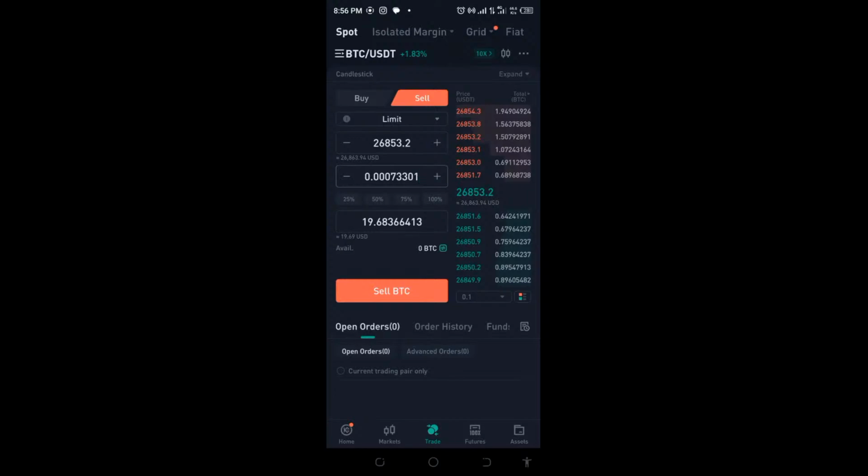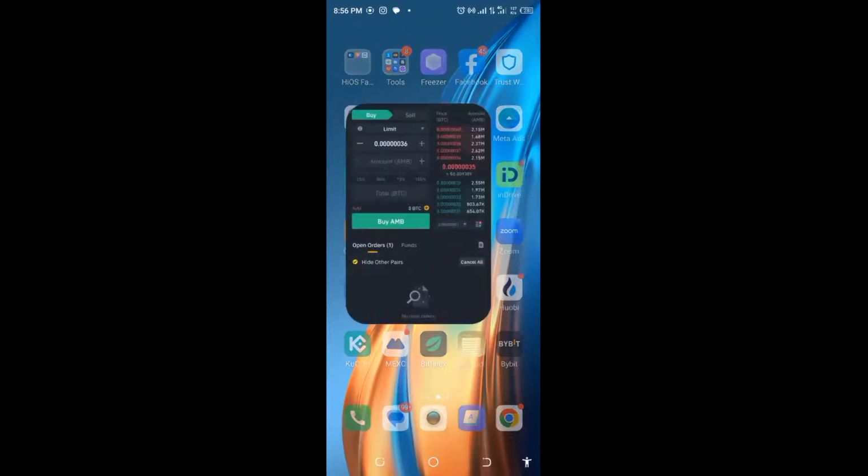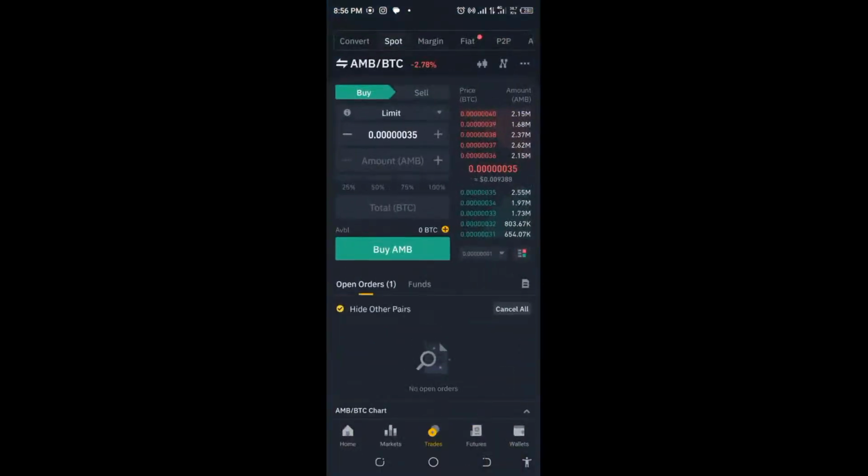So the only option we have is to try and see if we are going to be able to buy the AMB. And if that doesn't work, we'll be forced to sell it back to BTC, and sell the BTC back to USDT. So do we want to try this out? Let's go with the flow. We're going to just go ahead and see what we get.